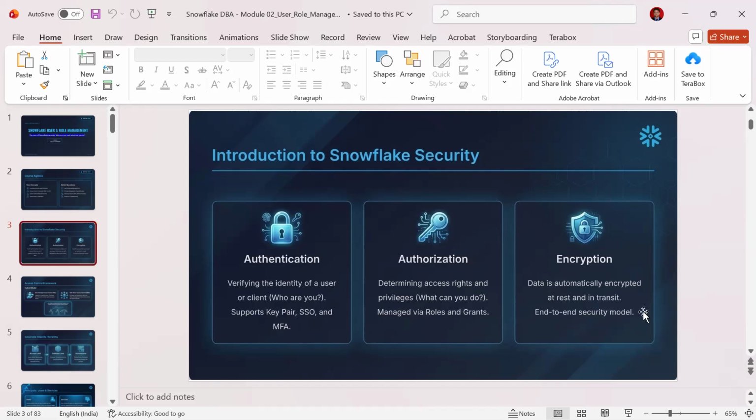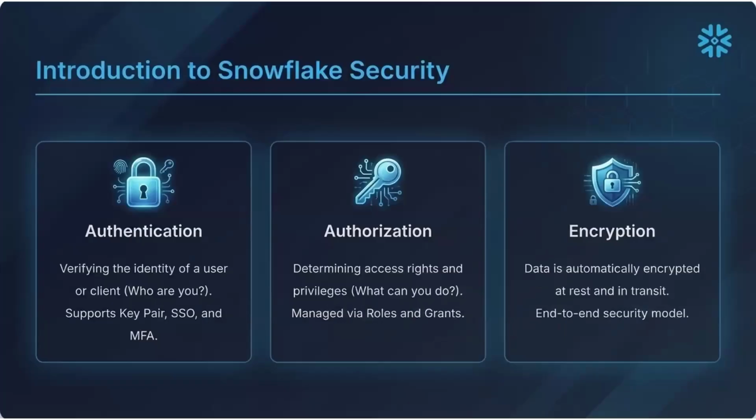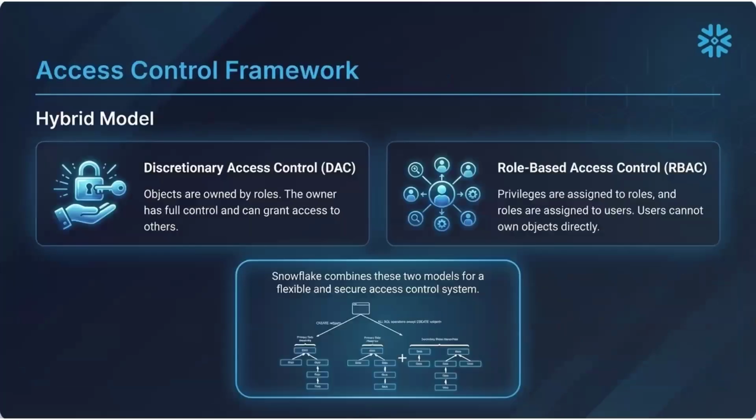And coming to role-based access control, whatever I was talking about, Snowflake comes with two different types. The first one is DAC, where the objects are owned by roles. So a role will have ownership of the object, and the owner will have full control and can grant access to others. This is called discretionary access control.